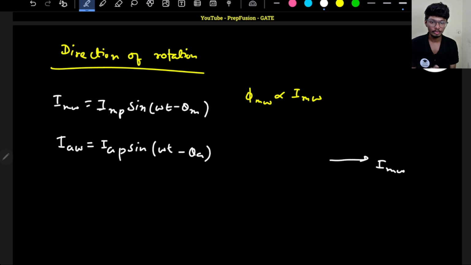now what will be the flux value? Let's take a few assumptions.